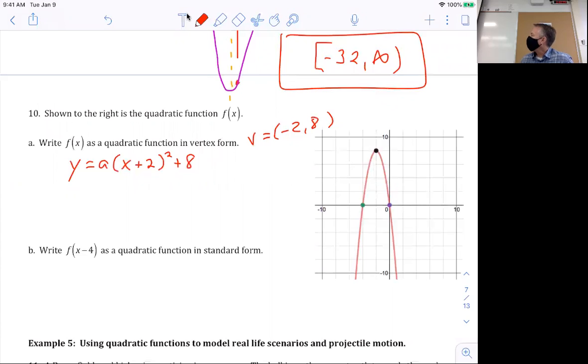And I have to solve this for a. So I can plug in either point. 0, 0 is always a nice one to work with. So I get 0 equals 4a plus 8, because I plugged in a 0 for the x there.